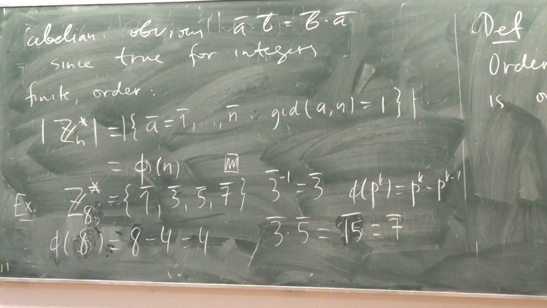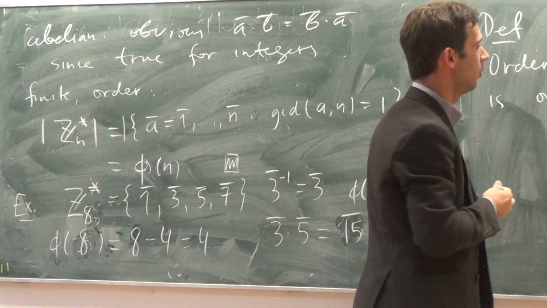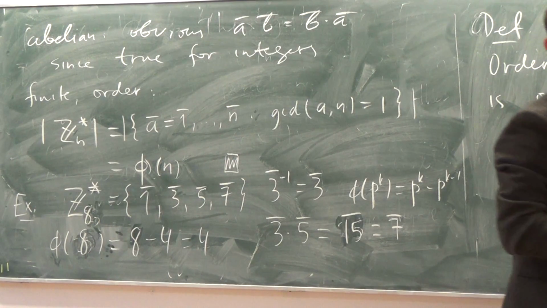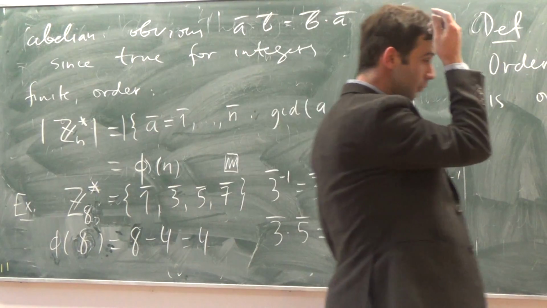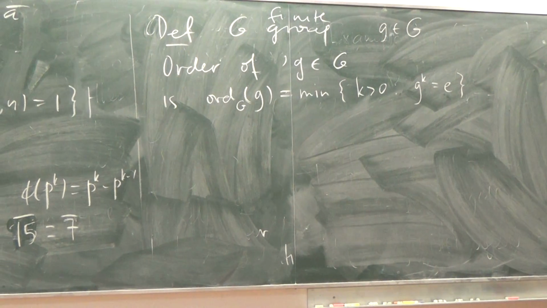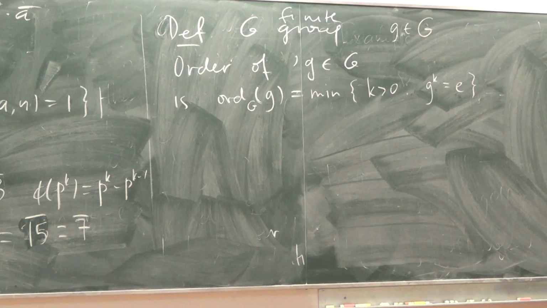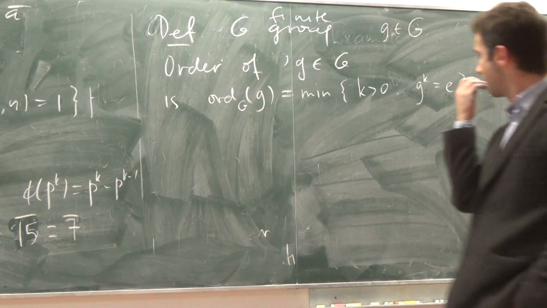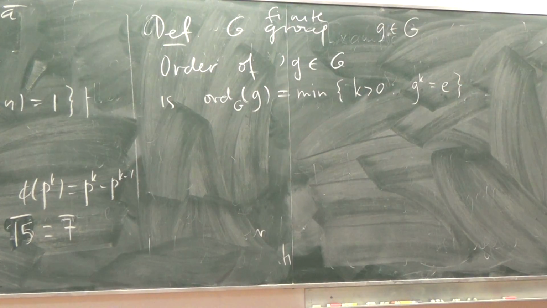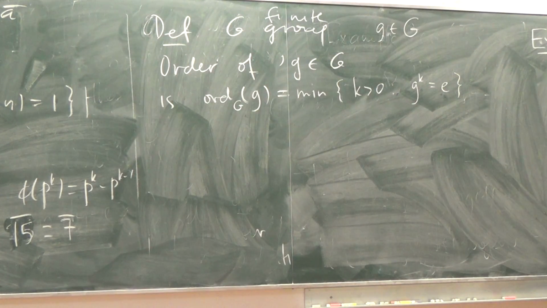This should make us think about things like Fermat's little theorem and Euler's theorem. We are taking powers of g and would like to end up with the neutral element. So for example, what would be a good example?